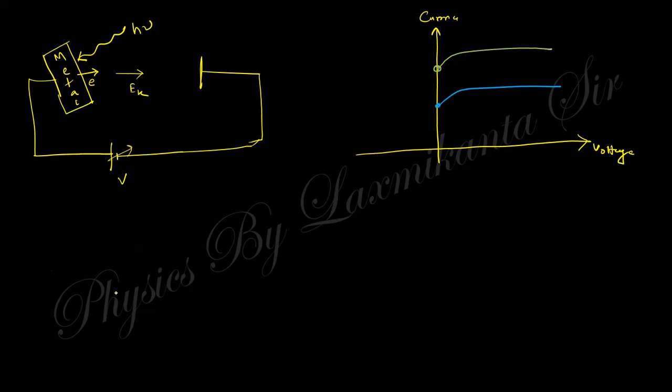Now what happens if you increase this negative voltage? Then the electrons reaching the plate reduce. So this curve will be like that. There was I1 and this was I2, which is greater than I1.